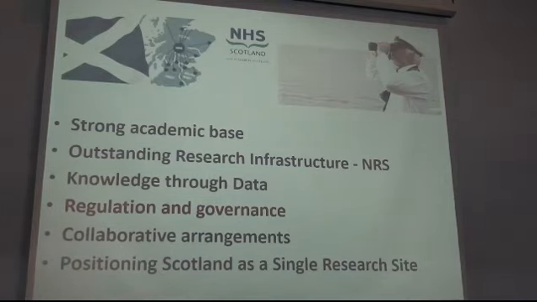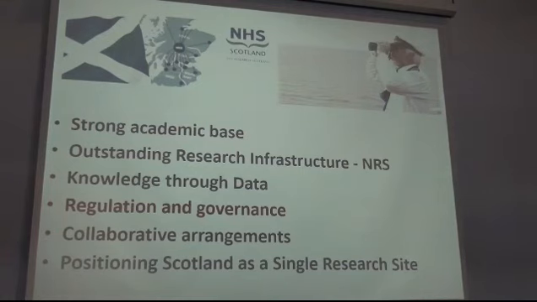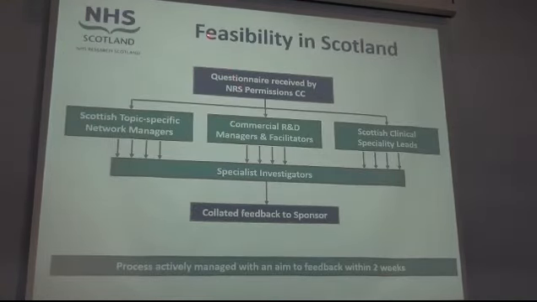Regulation and governance is really important. There's no point being excellent at clinical research if it takes 3 years to set up a study. So what we've done is streamline feasibility. We aim to get feedback within 2 weeks, because we want it in days, not years.